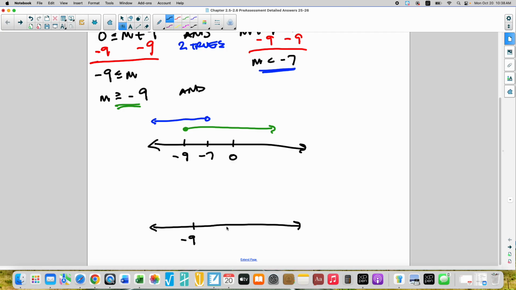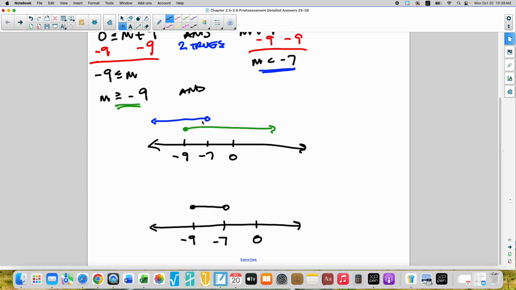Well, between negative 9 and negative 7. We're going to include negative 9 because it's two trues here. And then we're going to go to an open circle at negative 7 because there's only one true. And then everything inside is going to be two trues. So this is my answer.